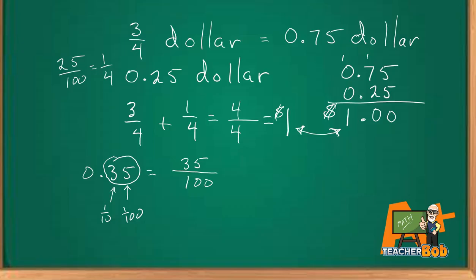Now, if we're talking about money, choose the 100th place value. If we're subtracting, we're just going to take the second number away from the first number.